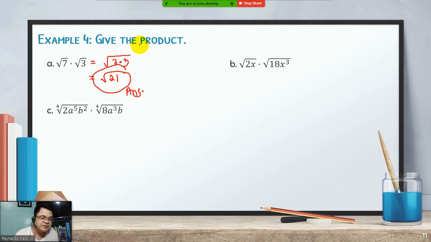Let's have letter B. Square root of 2x times square root of 18x cubed. Alright? So here, in multiplying, you don't need to make the radicals similar. Just simply multiply them directly. Okay? So here we have square root of 2x. It's 2 times 18 and x times x cubed.